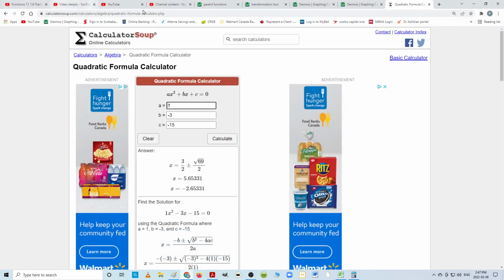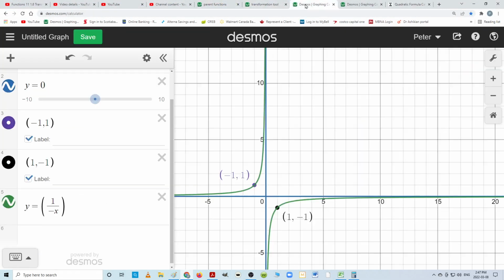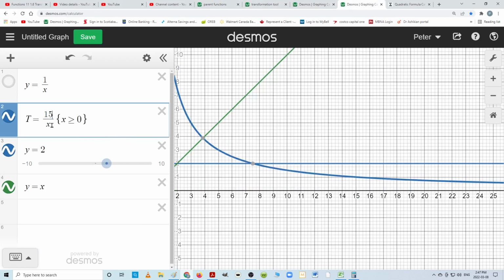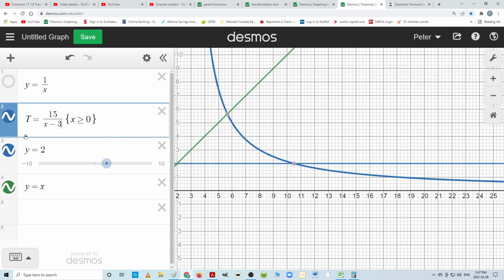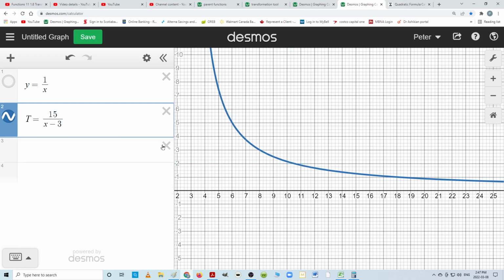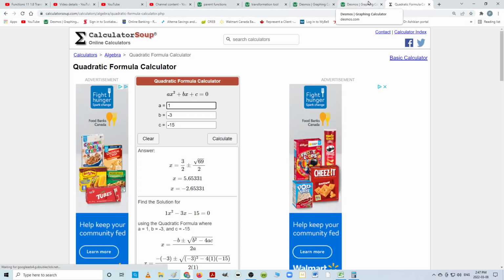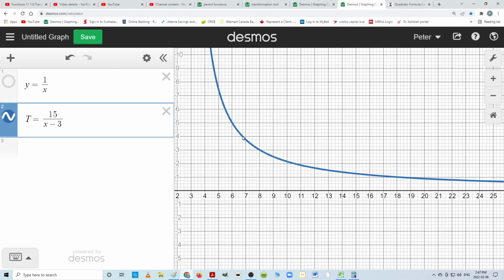So let's see if that's true. If you don't know what I'm talking about, that's fine. This is just me going a little too crazy. We'll get rid of that. So according to me, I should see 5.6533 comma 5.65333.